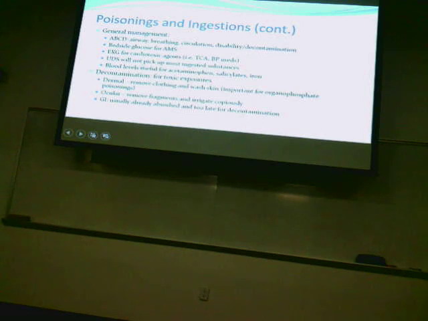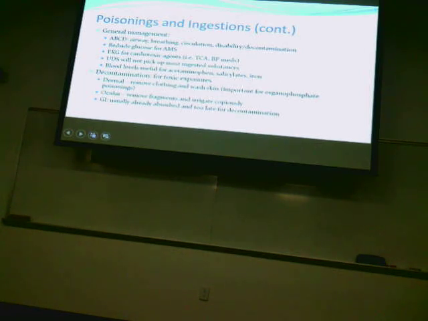Now your urine drug screen is not going to be too helpful here because a lot of these are just ingested random substances, fertilizers, random chemicals, cleaning agents, or drugs that are like prescription drugs, not like abuse drugs. So your UDS isn't too helpful. There's some blood levels that you can get, and these are for your Tylenol level, or your salicylate levels for aspirin, or iron levels for iron pill ingestions.